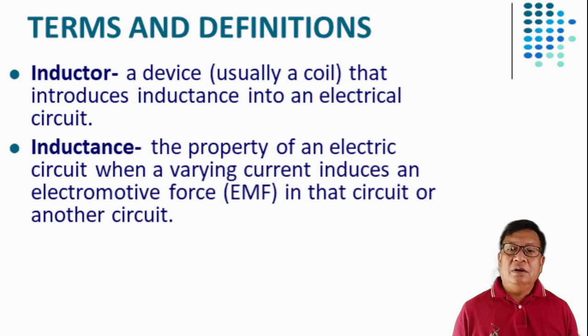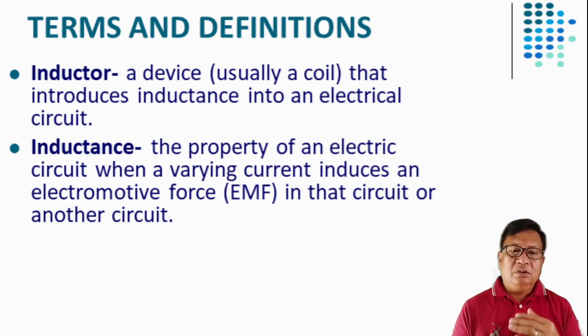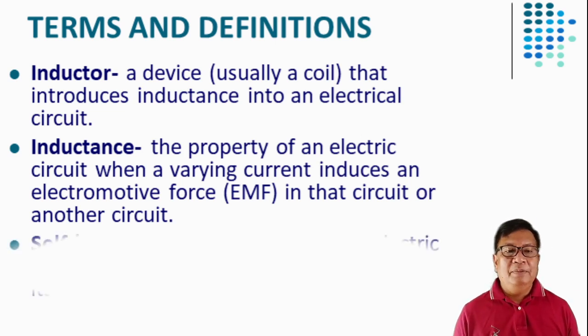It is the property of an electric circuit when varying current induces an electromotive force in that circuit or in another circuit. So the induction of the voltage is not limited to a single circuit, but could also be induced in another circuit.